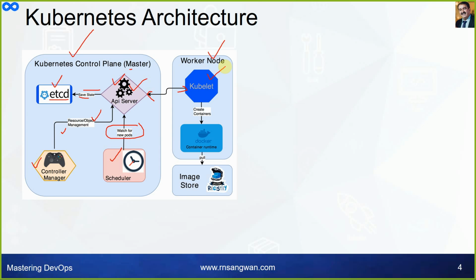So Kubelet interacts with the API server, takes instructions and manages containers, creates containers, and manages the lifecycle of containers through Docker. And Docker, as you know, manages the containers by using images from the image store, OCIR or Docker Hub.